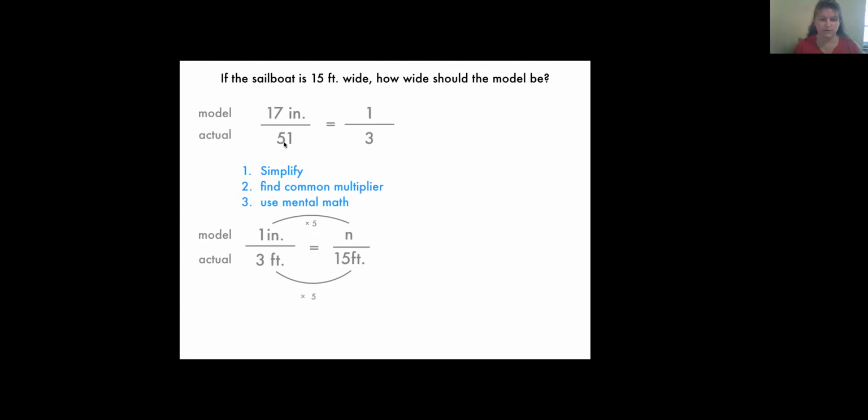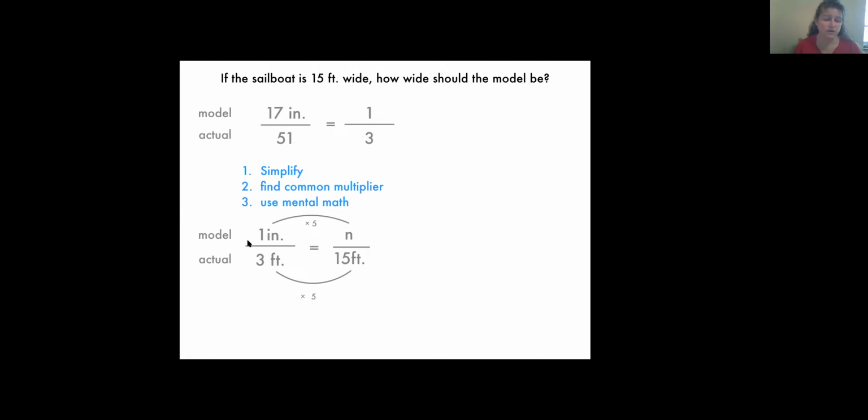All right. So 17 divided by 17 is 1, and 51 divided by 17 is 3. So I got a little simpler ratio here to deal with, 1 over 3.